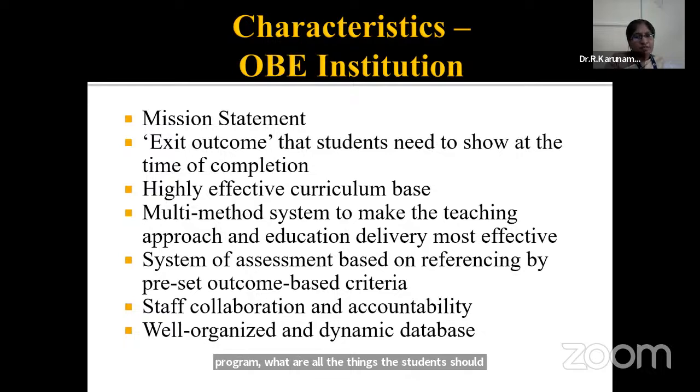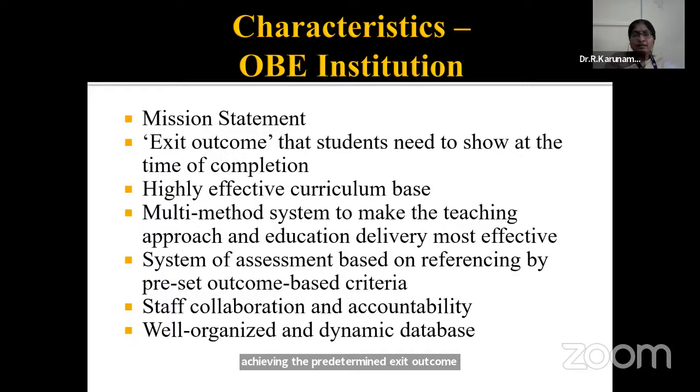And to achieve this, we need a well-structured, clearly defined, and highly effective curriculum base. If the curriculum is very strong and very effective, it will support achieving the predetermined exit outcome.